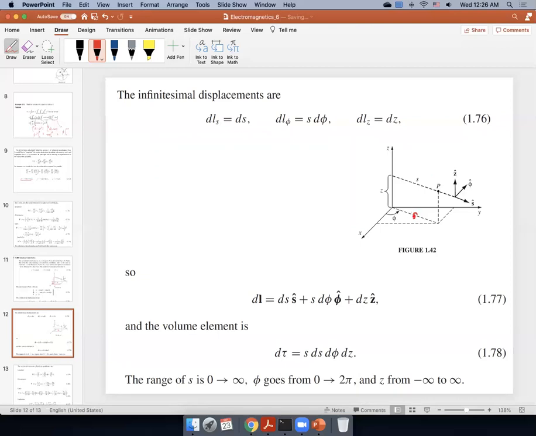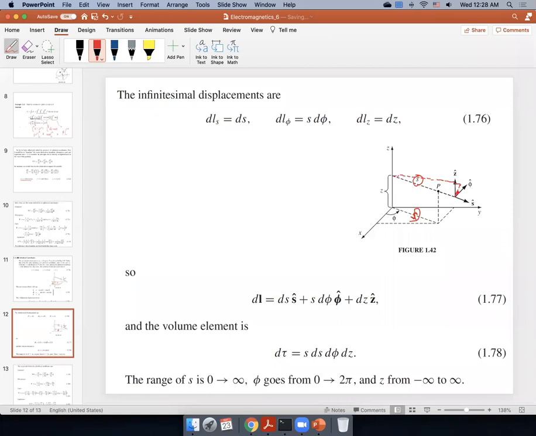Next is dl phi, which is s d phi, because this is s. Let me make a picture here.